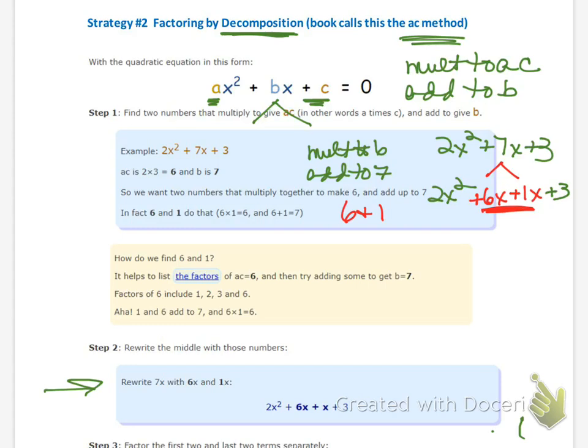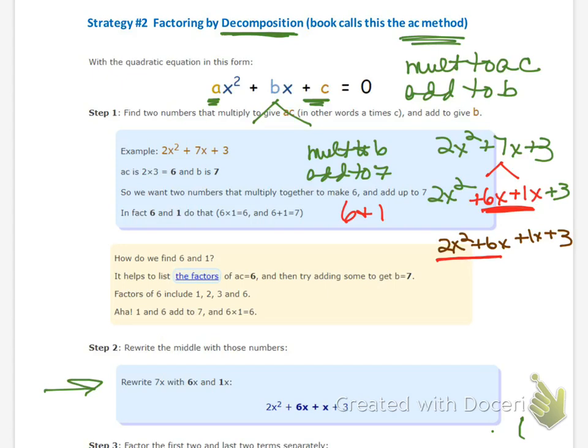Okay, so I'm going to write this in one solid color. So we have 2x squared plus 6x plus 1x plus 3. 4 terms. Look at the first 2 terms. This is the greatest common factoring piece of it. So what do those 2 terms have in common?